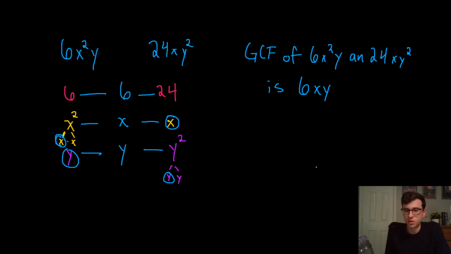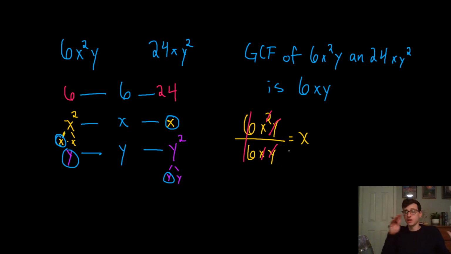So to check my work, 6x squared y divided by 6xy, right? y divided by y is 1. x squared divided by x is x. And 6 divided by 6 is 1. So I can divide this, that equals x. I don't end up with a decimal or a fraction, and that's what I want.